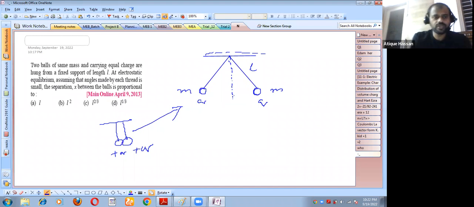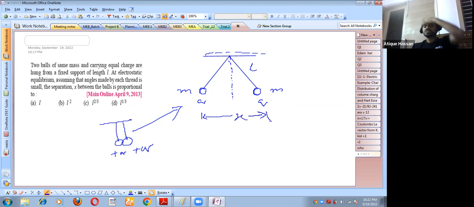So suppose when they get equilibrium, the separation between the charges is x. We have to find a relation between x and L.